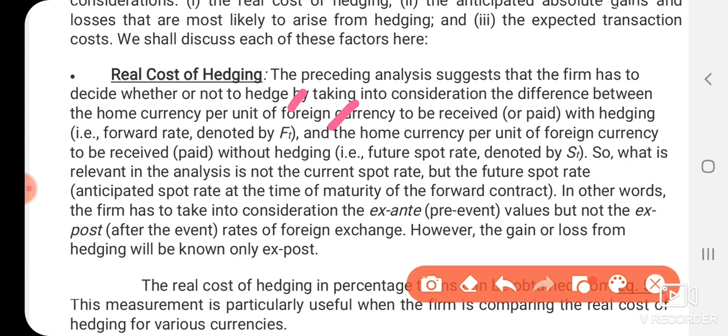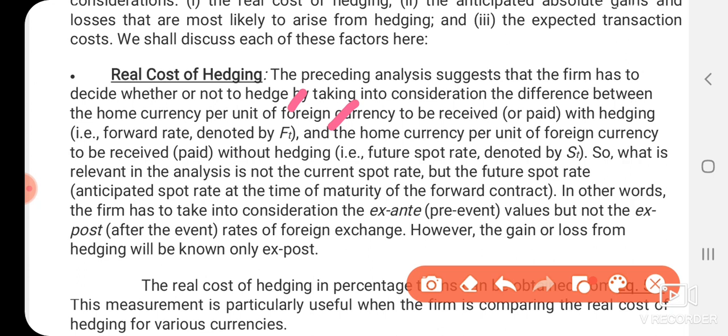But one thing, whether they hedge or not, they have to make a relevant analysis, and after that analysis they have to give a suggestion to the firm. Before that, they take into consideration the difference between home currency and foreign currency, one time with hedging and one time without hedging.